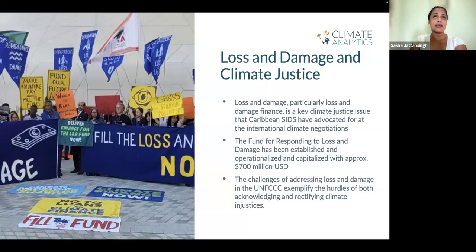So I'll give a little bit of info about the Fund for Responding to Loss and Damage that was established in 2022 at COP27, and it's now been capitalized and fully operationalized, I must say. And it has approximately 700 million US dollars, which sounds like a lot of money, but when you have to divide it across so many different countries with different impacts and different types of loss and damage events, is that really enough?